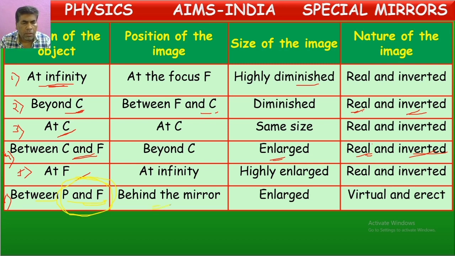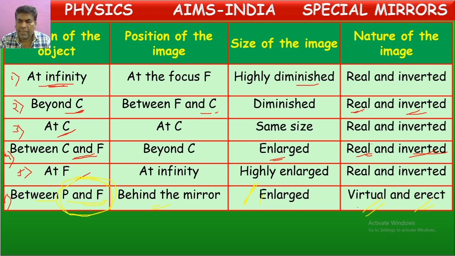Okay. The size also will be enlarged. So it is formed behind the mirror. The size will be enlarged. Nature will be virtual and erect. So except in the last case, in all remaining cases, the nature of image is real and inverted.